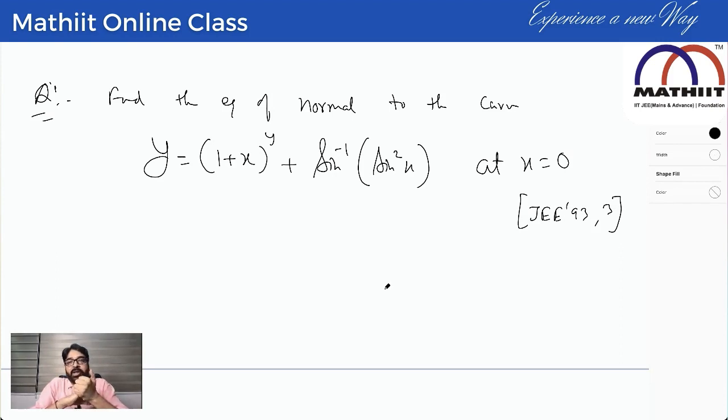Either a JEE question or a board-level question or your simple NCERT question, the method is the same. Write the equation, write the full coordinate. After that, find dy by dx. How to differentiate, that part we already discussed.